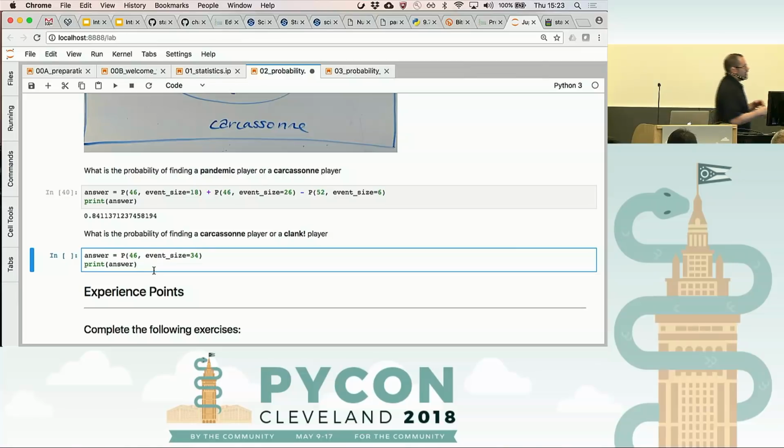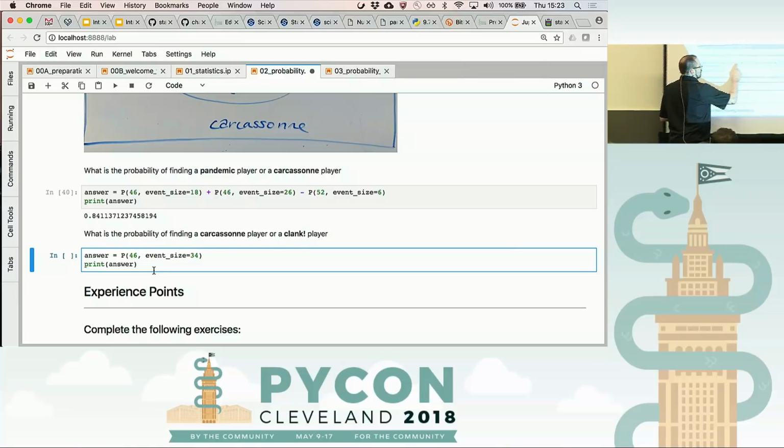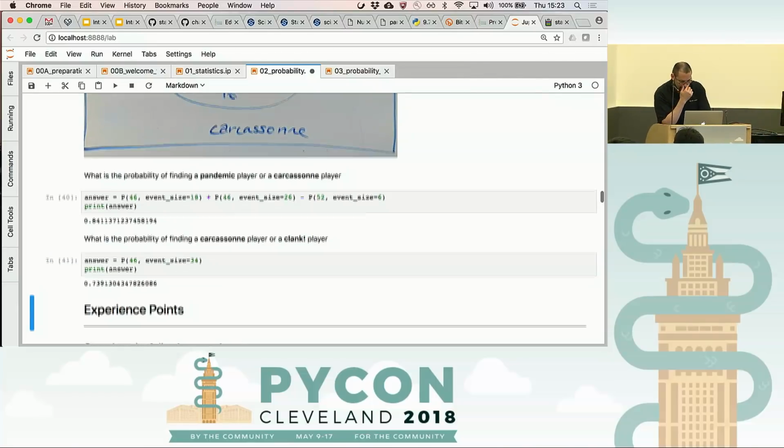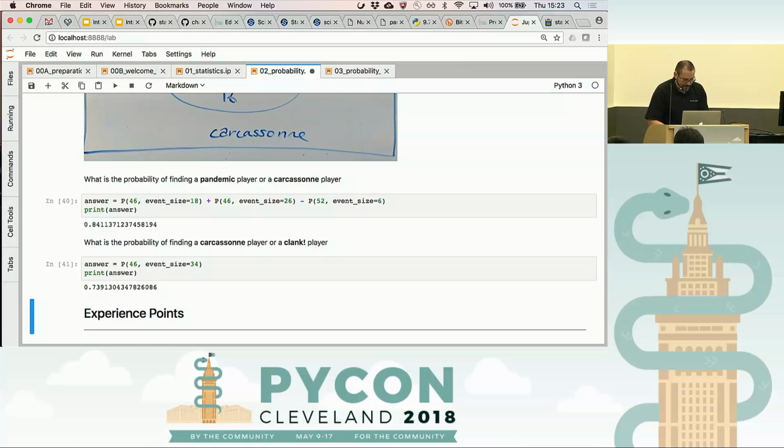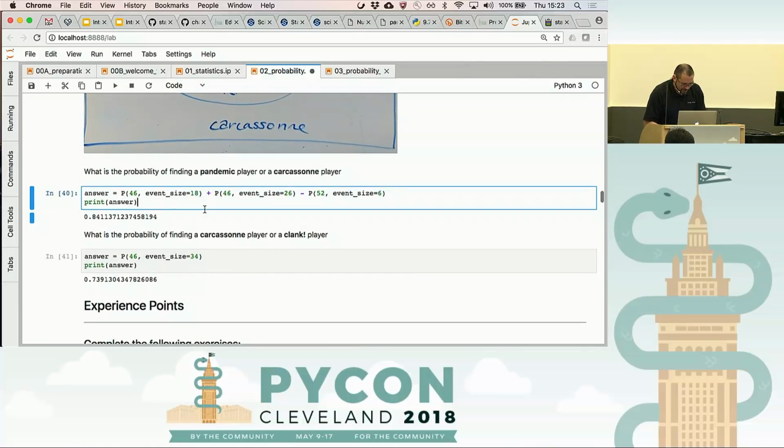But again, if I don't want to type all this nonsense, as long as I do the math, 18 plus 26 minus 6 gives me a 34. We're all good. All right, there we go. And the math failed epically for some reason. Why did that fail? 18 plus 26 is 34.